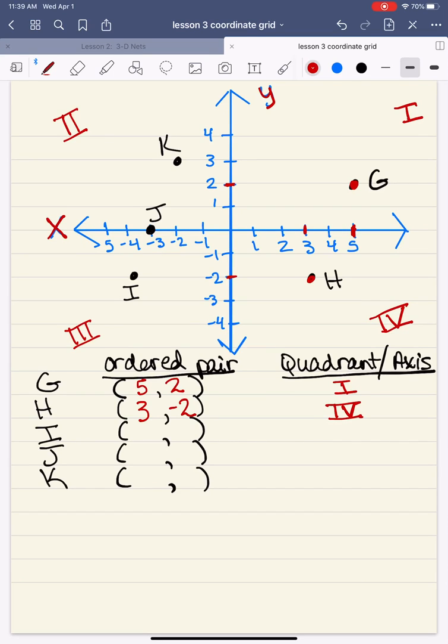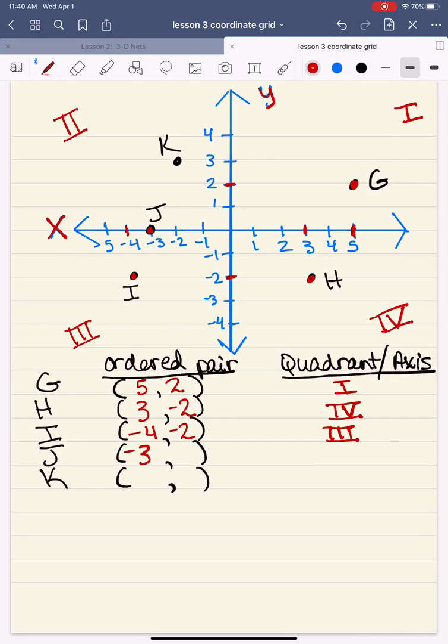Point I is in this area. So the X first, which is at -4, and then the Y is at -2. So -4, -2, and that's in quadrant 3. Point J, moved 3 left, so the X is -3.